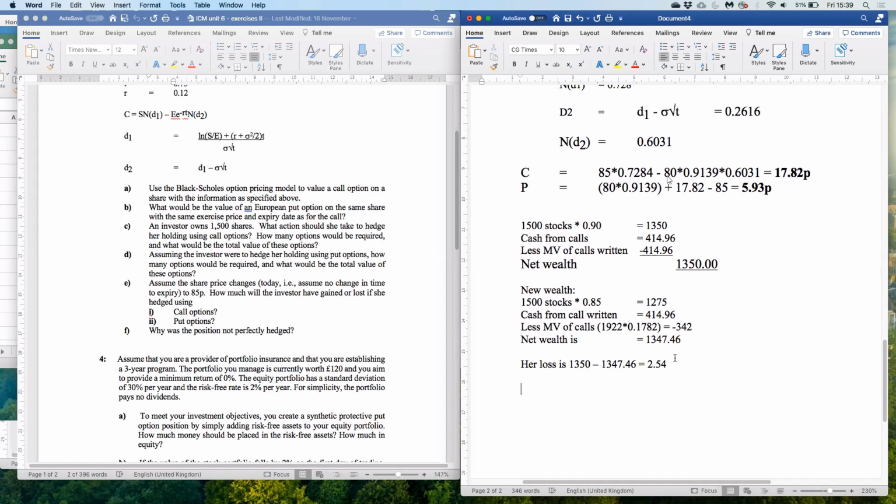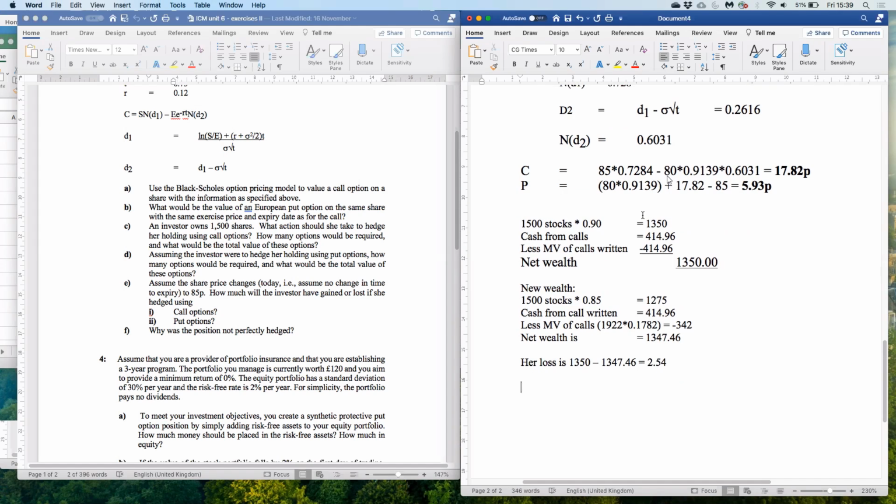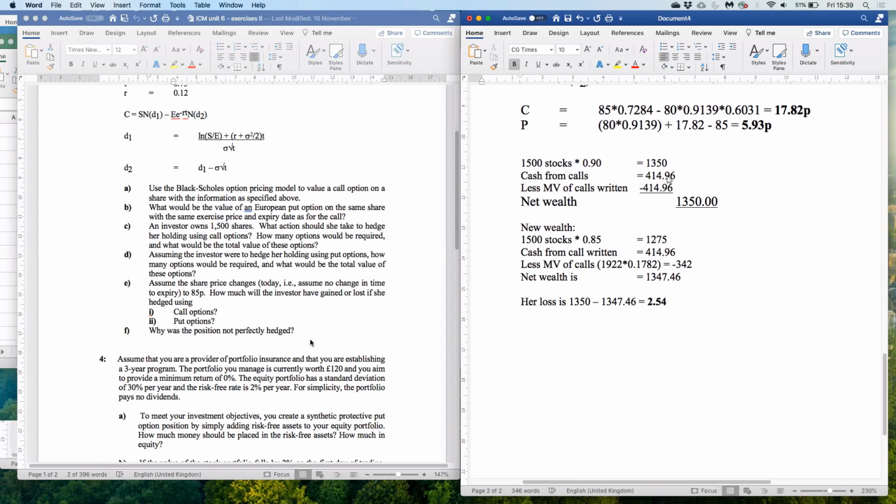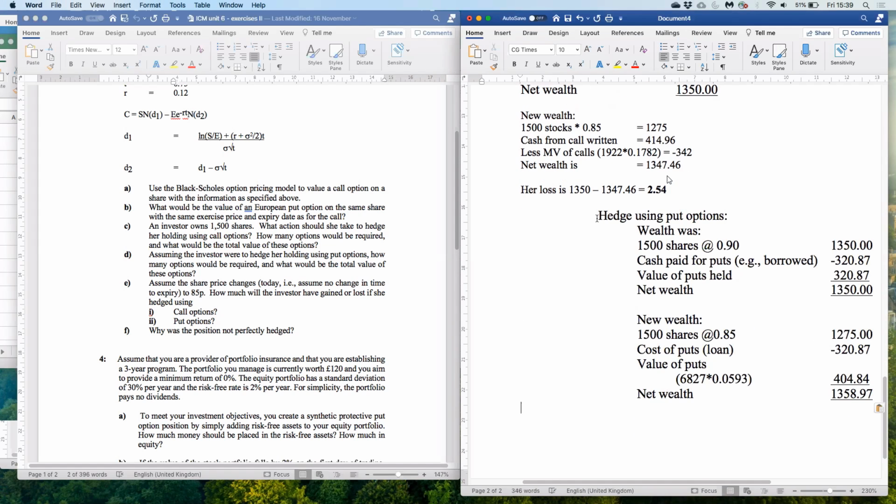She lost because the new price is less than the current stock price. Okay, for the hedging using the put option, I just try to copy the result and explain it.